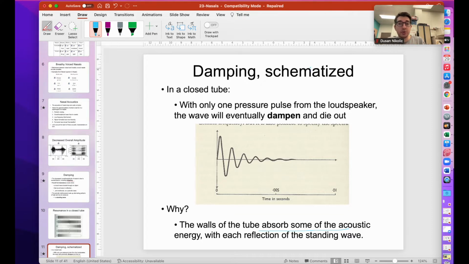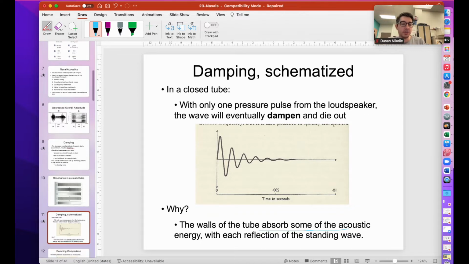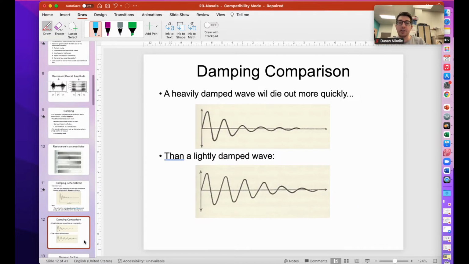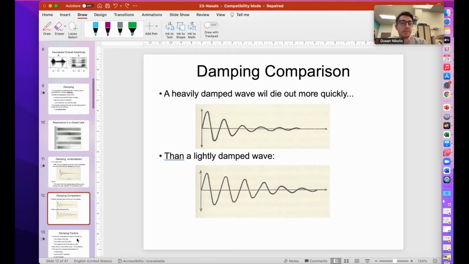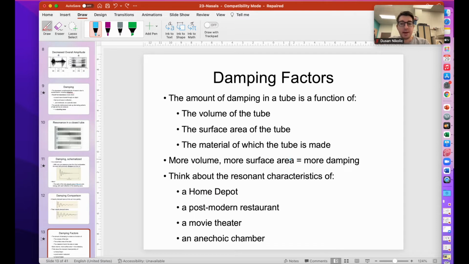So the walls of the tube will absorb some of that energy, right? And damping can be heavy and light. If it's heavy, then the air pressure dampens or dies out very quickly, or more quickly than for a lightly damped wave. What are the damping factors? The amount of damping in a tube is a function of the volume of the tube, so it depends on how big the tube is, right? The volume.